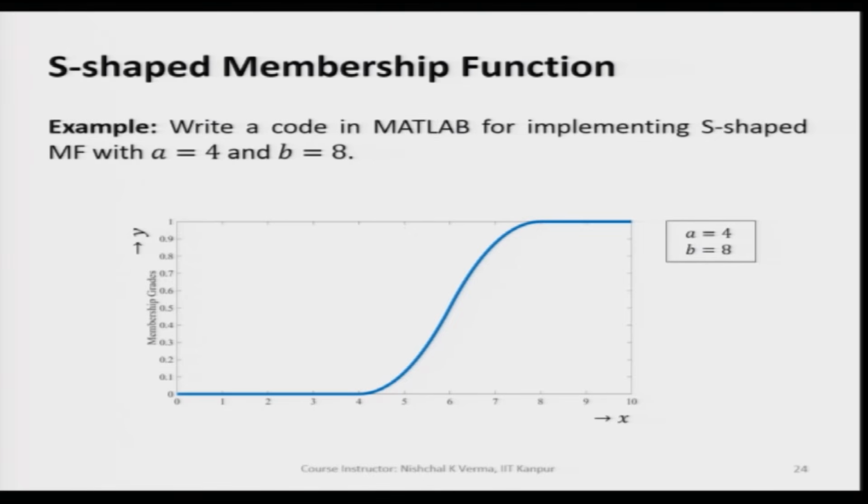As I already mentioned, these two parameters A and B characterize the S shaped membership function. A controls the feet of the membership function and B controls the shoulder.